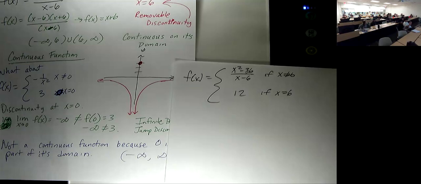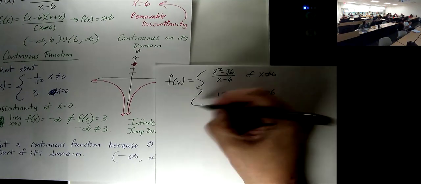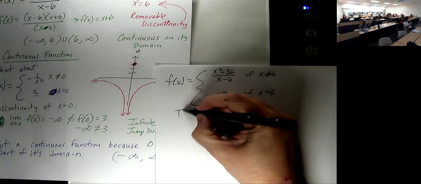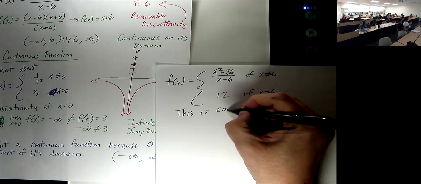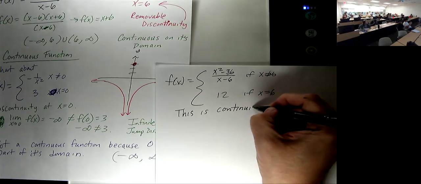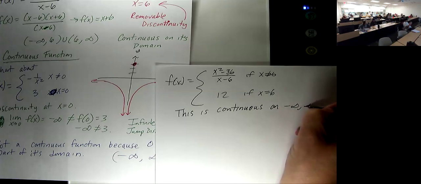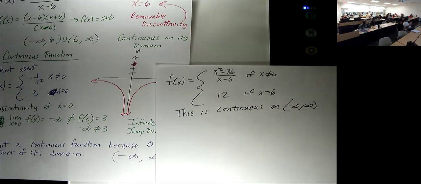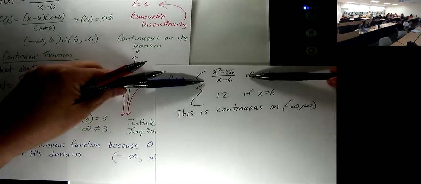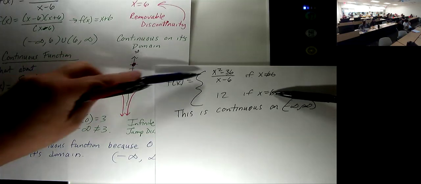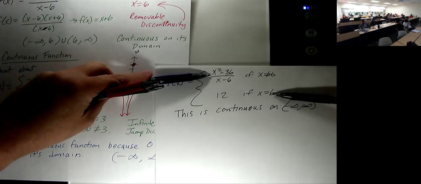This is now a continuous function, continuous on negative infinity to infinity now. Even though this part is continuous, when we actually do x equals 6, remember this reduced to x plus 6? So 6 plus 6 equals 12.